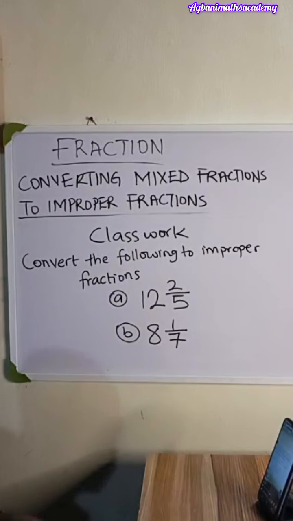So which one is correct? We have 58 over 7, we have 59 over 7, we have 57 over 7.